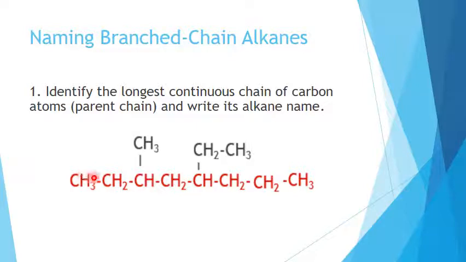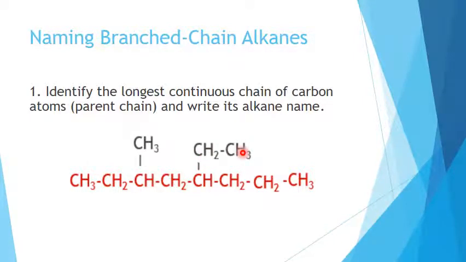The first thing you're going to do is name the longest chain. What you have to do is actually work it out. So 1, 2, 3, 4, 5, 6, 7, 8. I know I haven't drawn it here, but you need to check to see if there are other ways to get long chains. Maybe if I go like this, it will give me a longer chain.